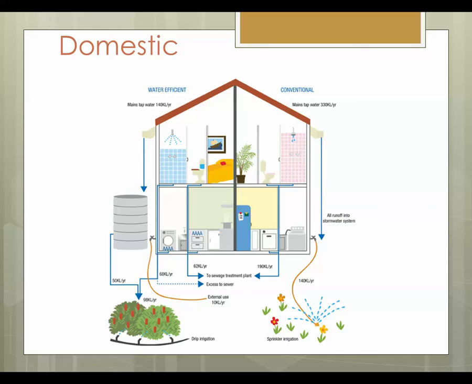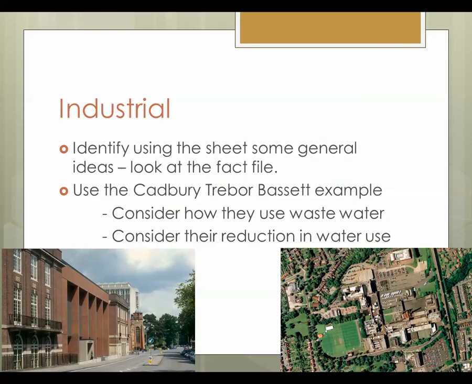Moving on from that, we've then got our industrial issues. Again, the sheet breaks these down, and there's a couple of different examples on the sheet. Really, what you need to be thinking about is what's going on at an industrial level, and you can consider the school at industrial level because we have taps at school which turn themselves off after a certain period of time.